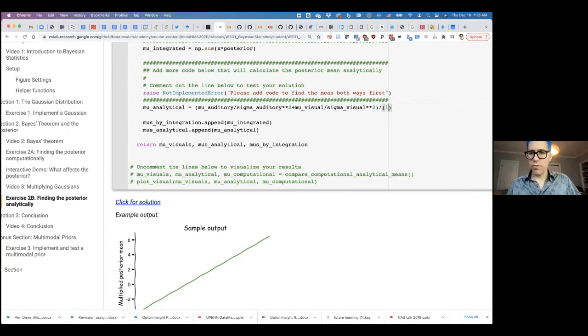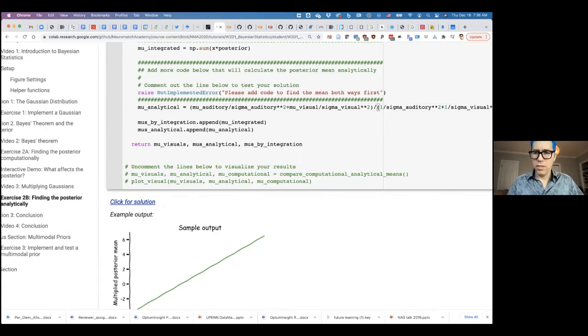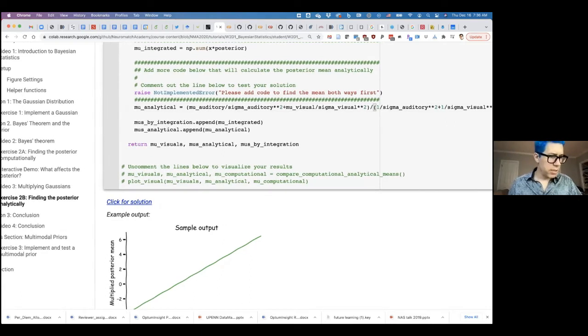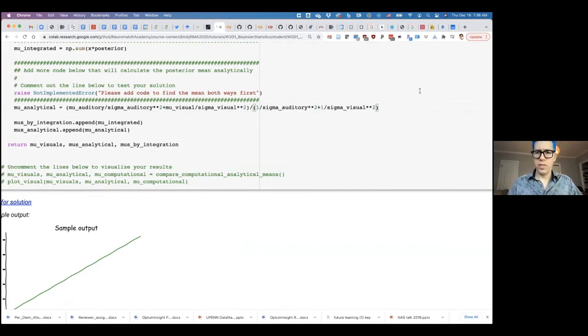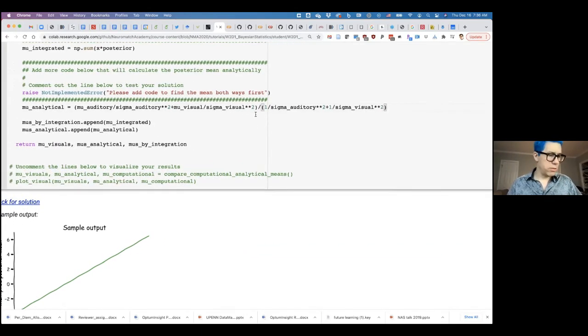So therefore over 1 over sigma auditory squared plus 1 over sigma visual squared. Sigma visual squared, that looks right.